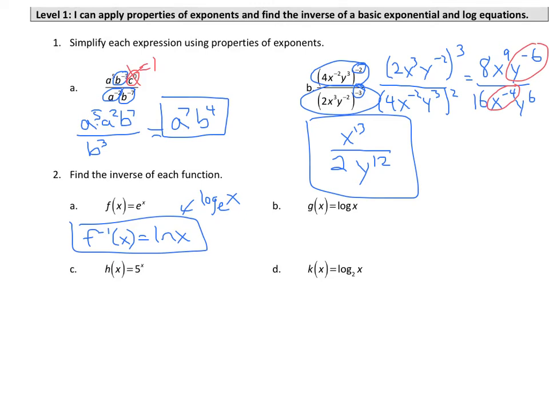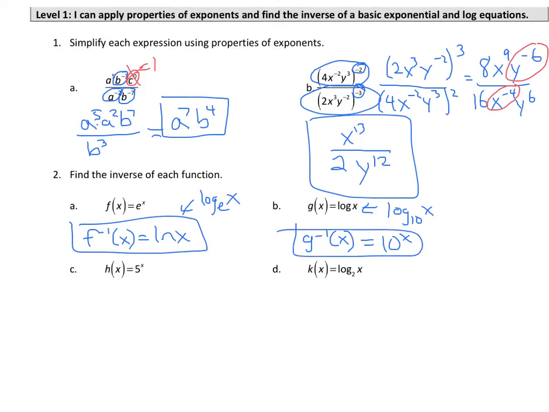The next one, the inverse of log of x, remember this means log base 10 of x, but if the 10 is not written in, it's just assumed. The inverse of this function is going to be the exponential function 10 to the x.